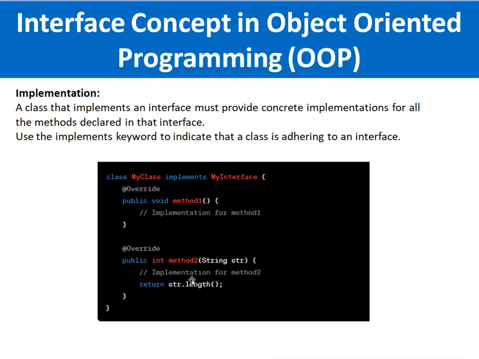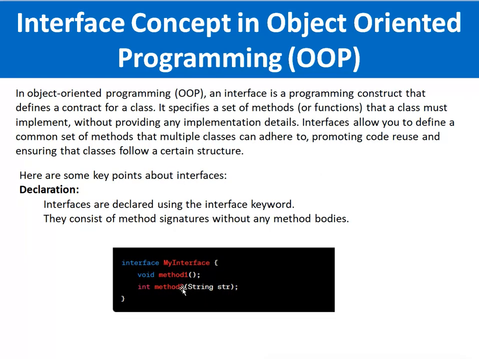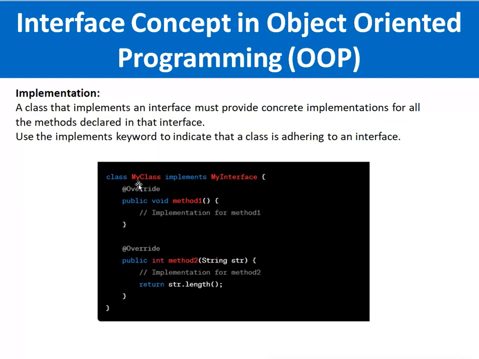So basically, friend, this was the interface, which consists of two methods, method1 and method2. Now MyClass, which implements MyInterface, provides you the detail of method1 and method2.